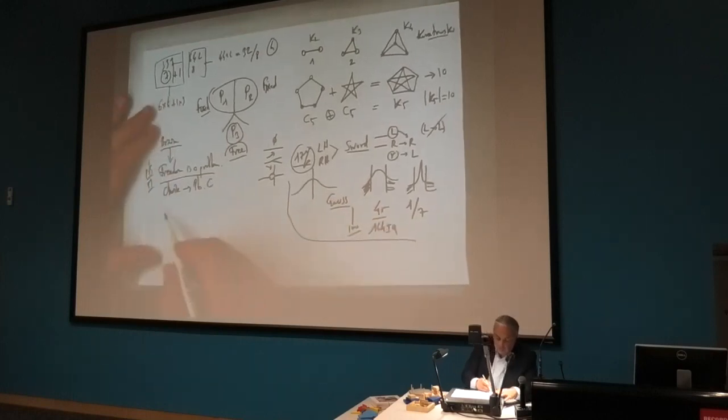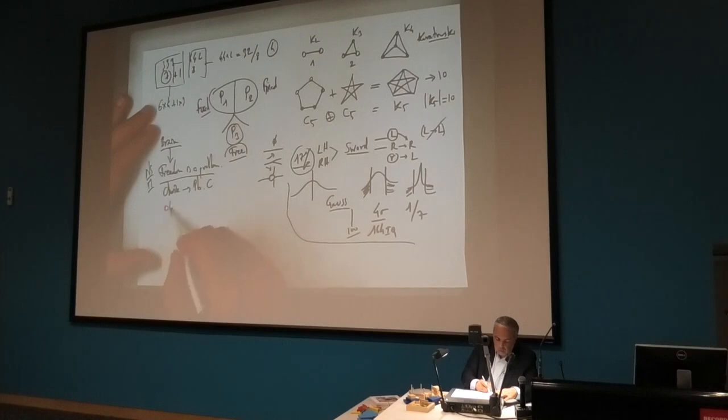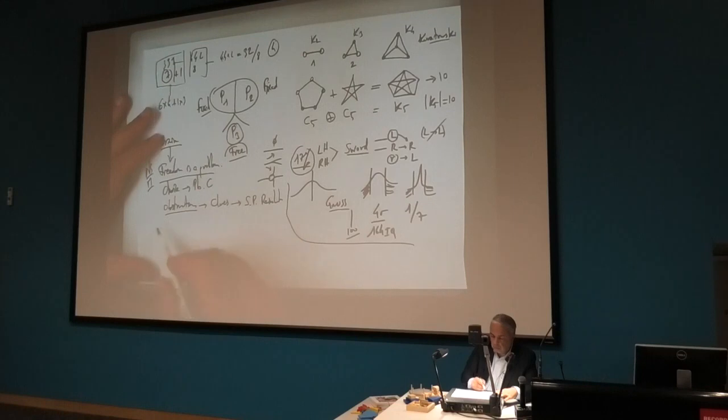So, obstructions are clues, and the starting point of resolution. I don't mention until now the problem of memory.